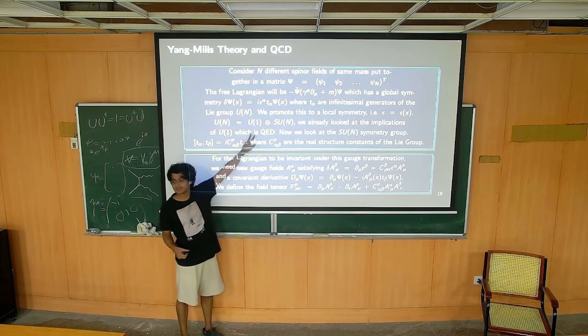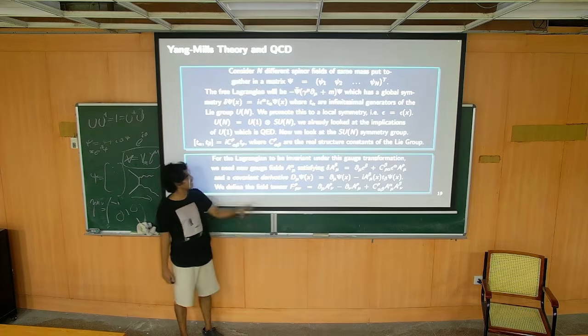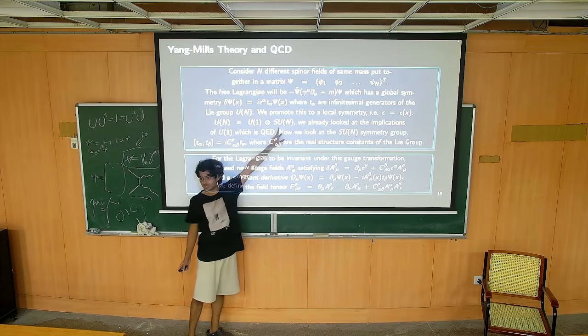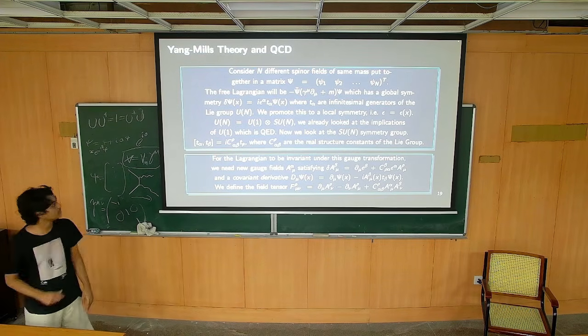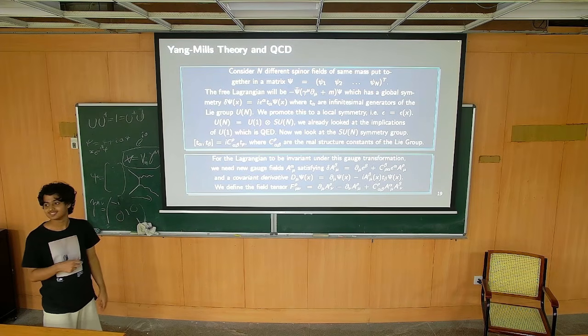Studying the U(1) gauge symmetry gave us QED. Now we will focus on SU(N) symmetry, which gives us the other forces. Because all of the particles, the spinors, have charges, that's why this is always there.